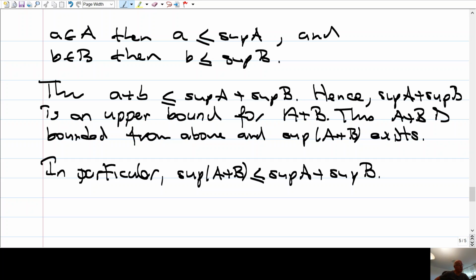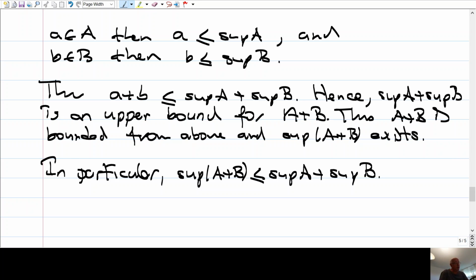Let me say it one more time. Sup A plus sup B is an upper bound. However, this is the least upper bound. Therefore, any upper bound of A plus B is greater than or equal to the supremum of A plus B.